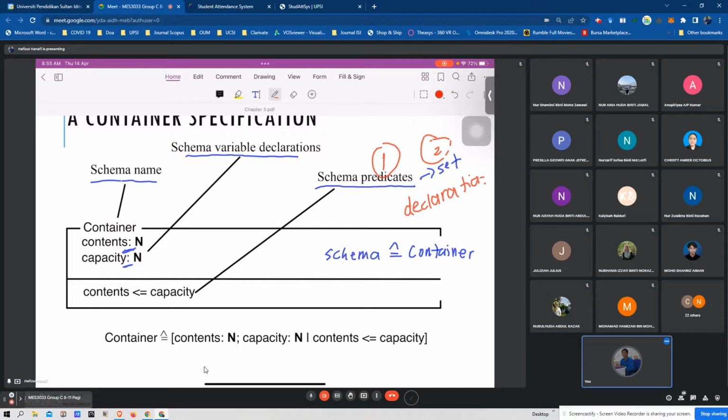We have schema equivalent to container. Symbol equivalent.